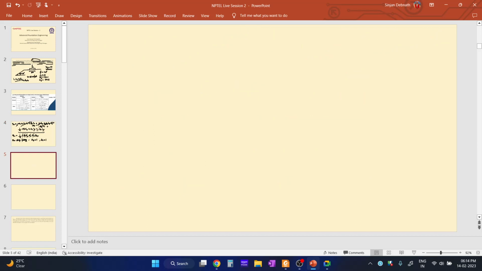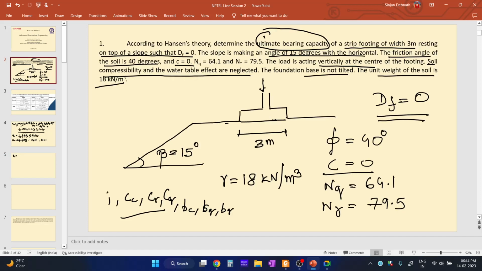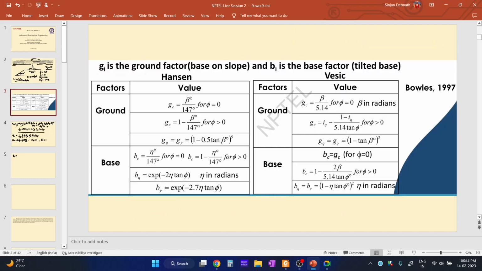So G gamma, this sloping ground factor, we have been asked to find out the ultimate bearing capacity of this footing using Hansen's theory. So according to Hansen's theory, if we look at this chart, this one, G q equal to G gamma is equal to (1 minus 0.5 tan beta) to the power 5.